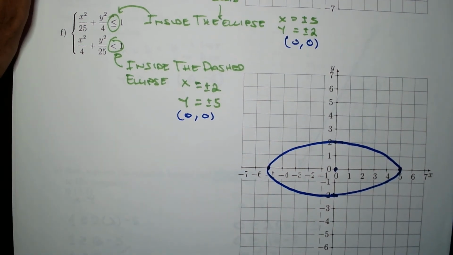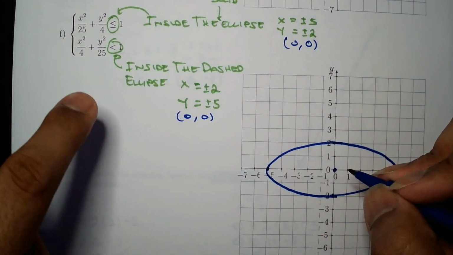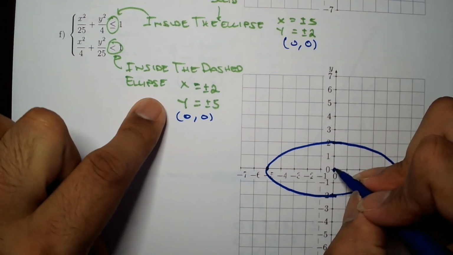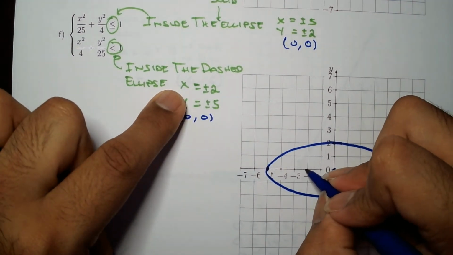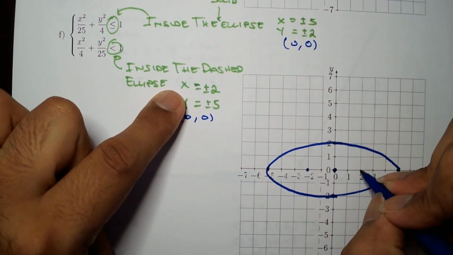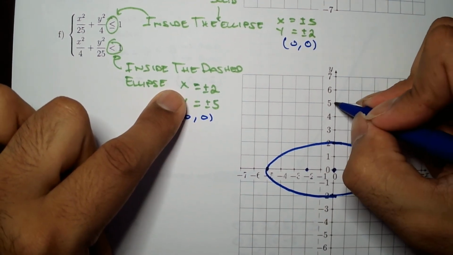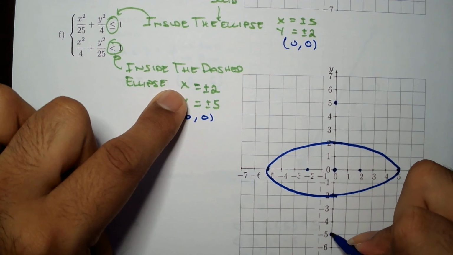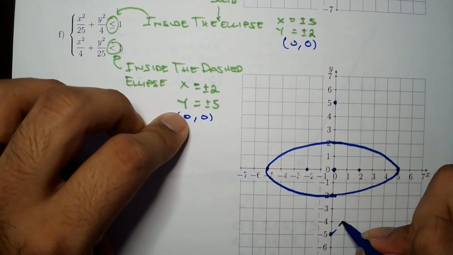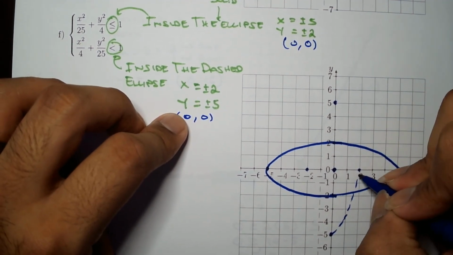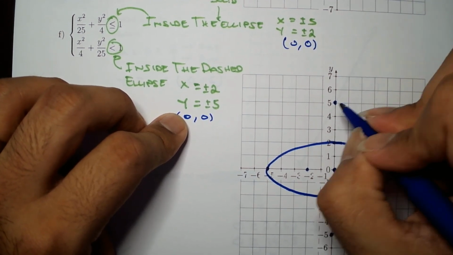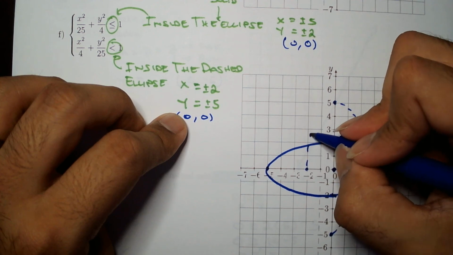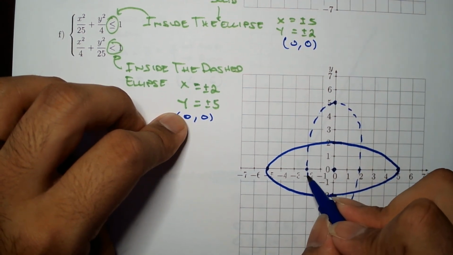And then for the dashed ellipse, I'm going to start at the origin. I'm going to go 2 units to the left, 2 units to the right, 5 units up, 5 units down. But this one, again, is going to be dashed.